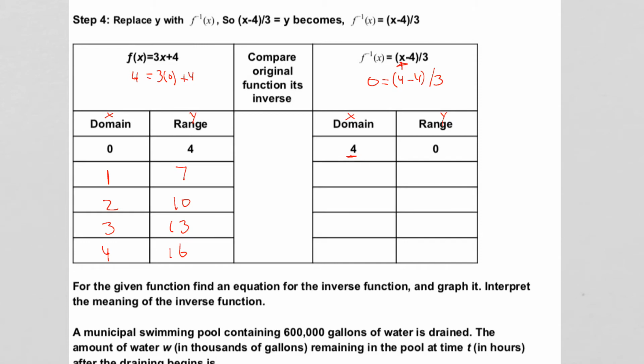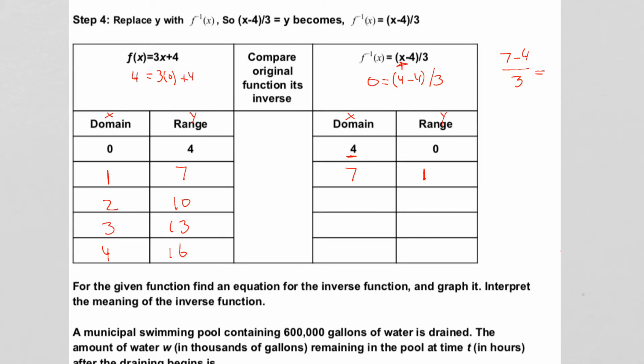I should try 7, right? Why 7? Well, I just told you the domain and range are going to flip. So what is 7 minus 4 divided by 3? It should equal 1 if this is in fact an inverse, and it does.